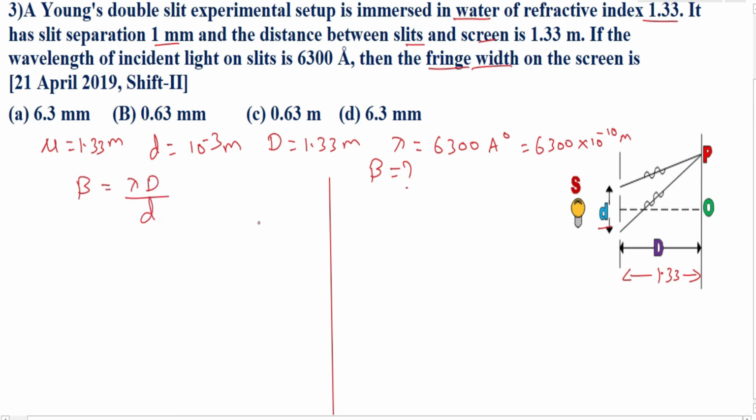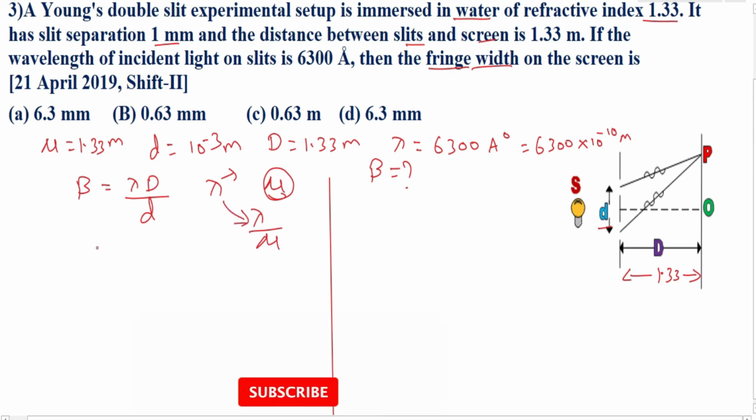The other point you have to remember is if a wave has a wavelength of lambda in air, and this wave goes into a medium of refractive index mu, its wavelength will change to lambda by mu.